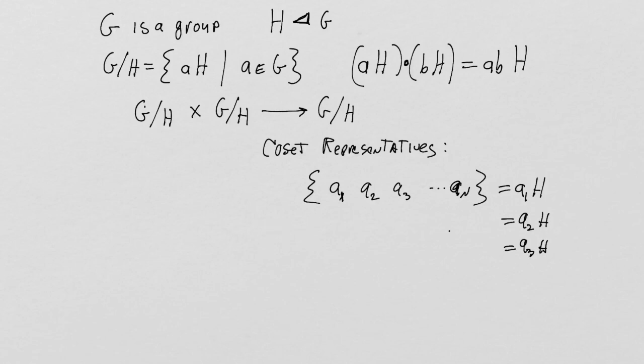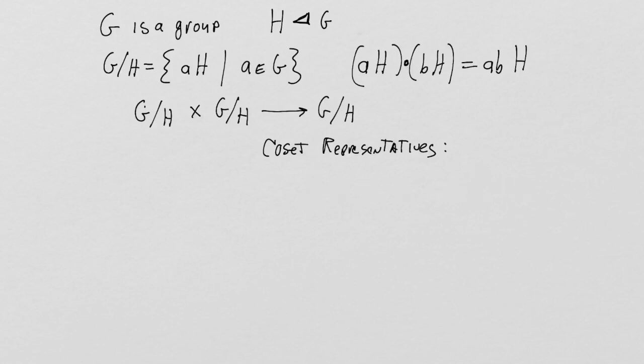The subgroup H always has the identity element, which sometimes is written E, and then a bunch of other elements. Whatever that identity element is, that's usually the coset representative for the invariant subgroup itself. So in our last case, for example, it was R0H. These are called coset representatives. The choice is completely arbitrary, in the sense that it really doesn't matter what you choose.